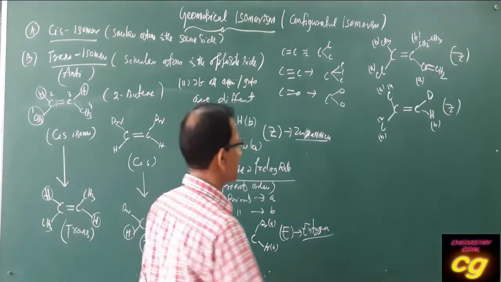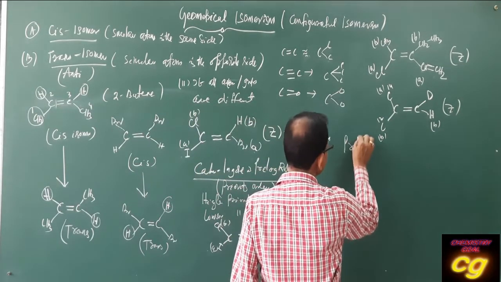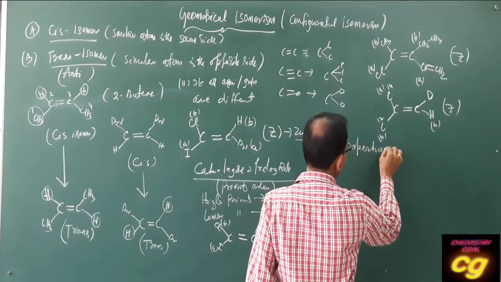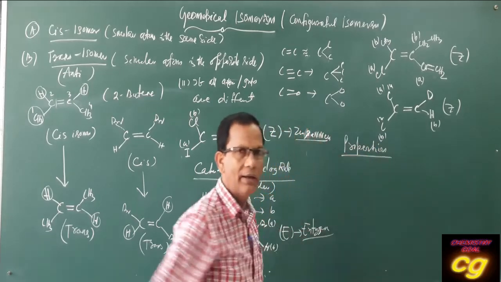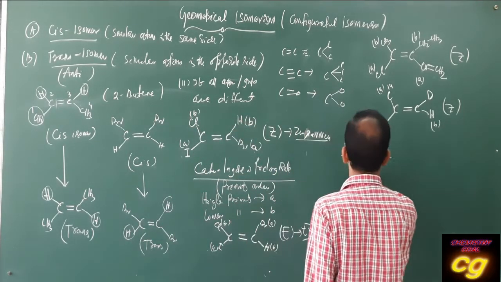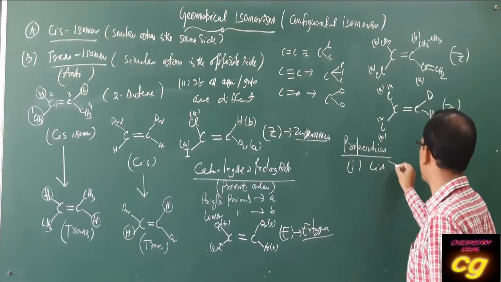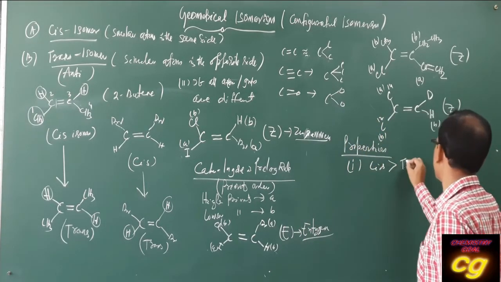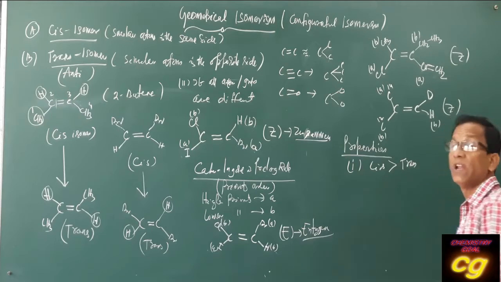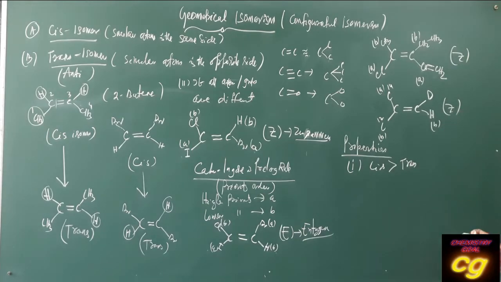Then what are the properties? Properties are very important: a cis isomer has greater polarity than a trans isomer. Polarity is greater because the dipoles will not cancel.